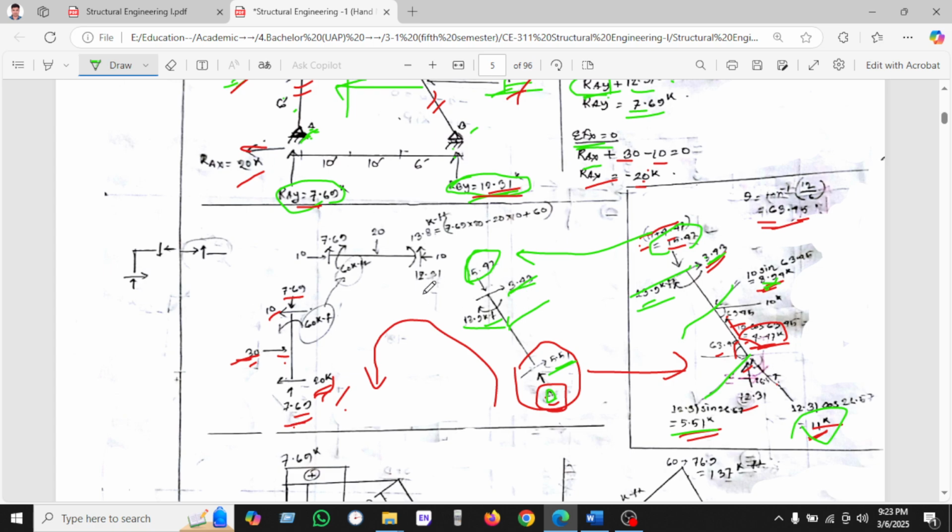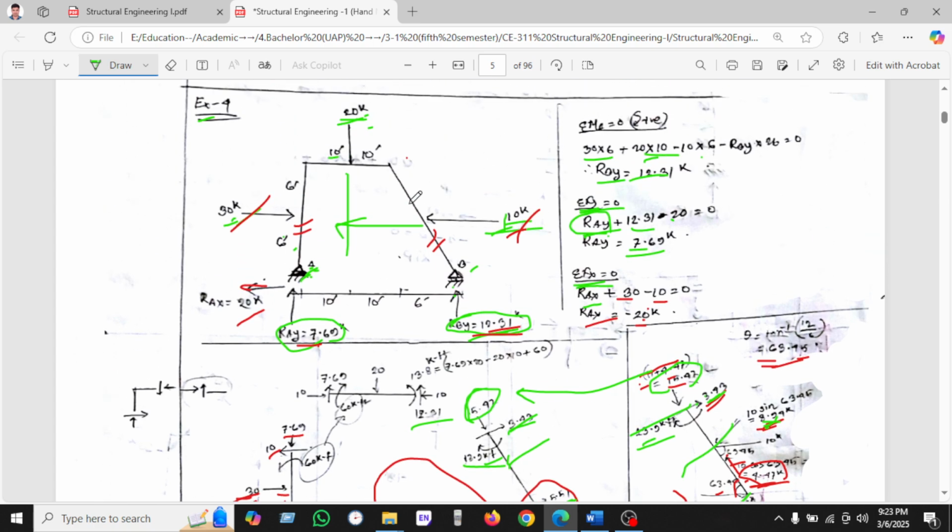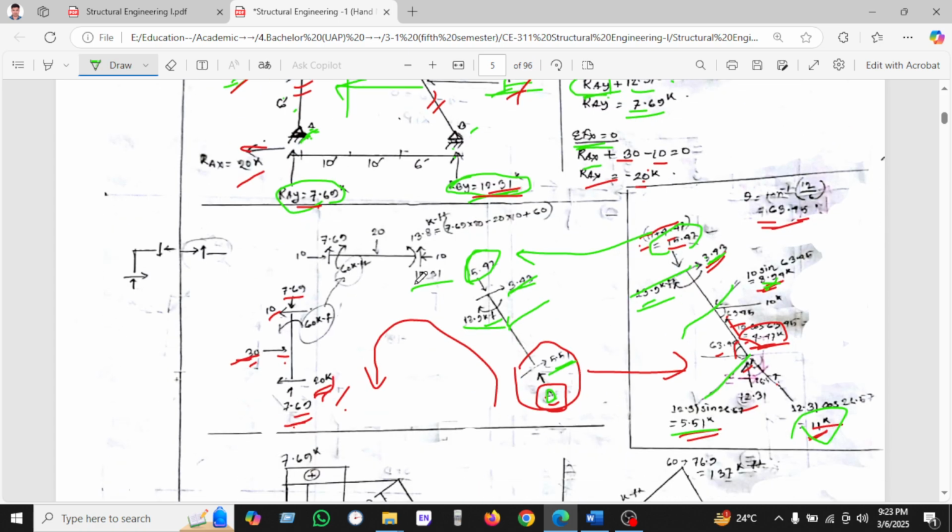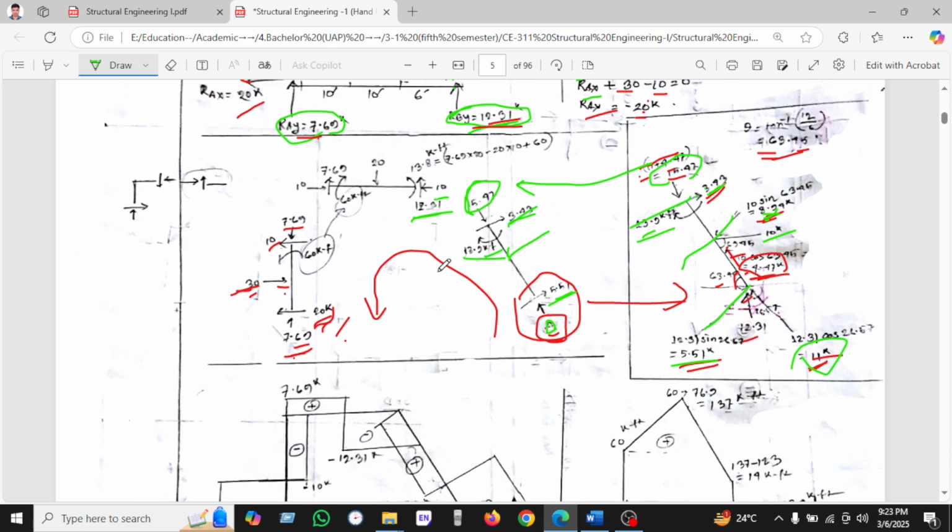Okay, so we have been seeing another portion here, this portion we are taking also. We have been calculating it here, we have seen all the load goes there as a 10 kip. So 10 kip is also applied here, as we have seen.